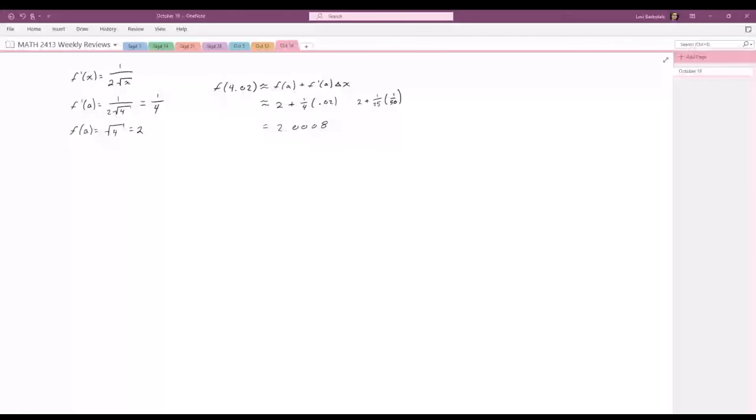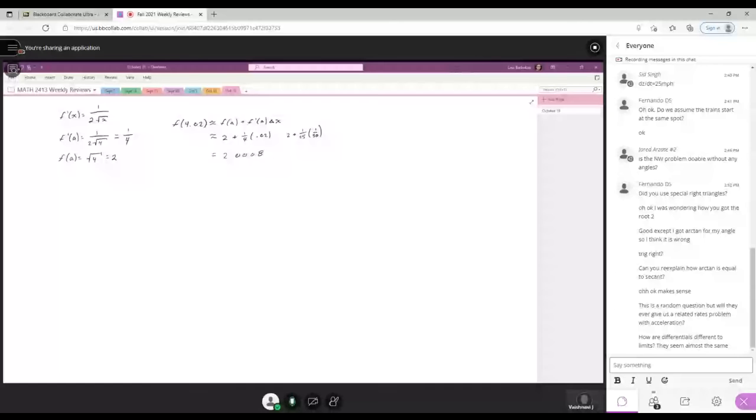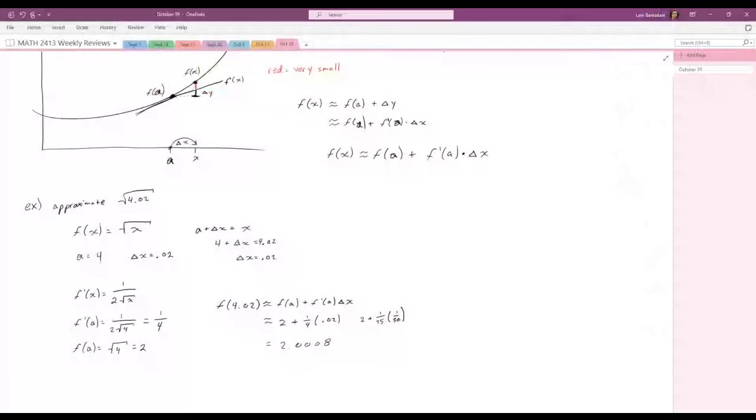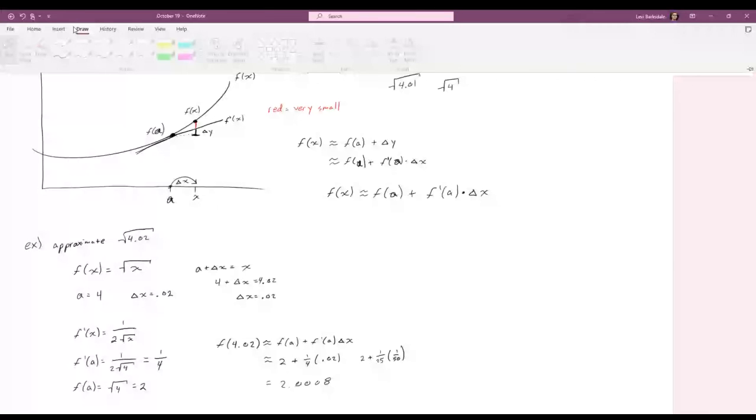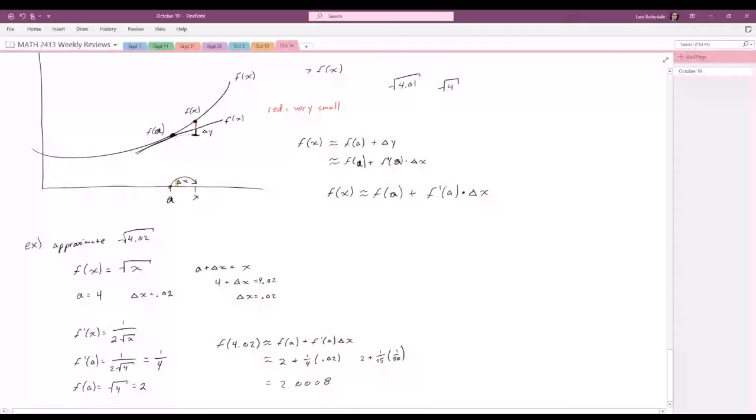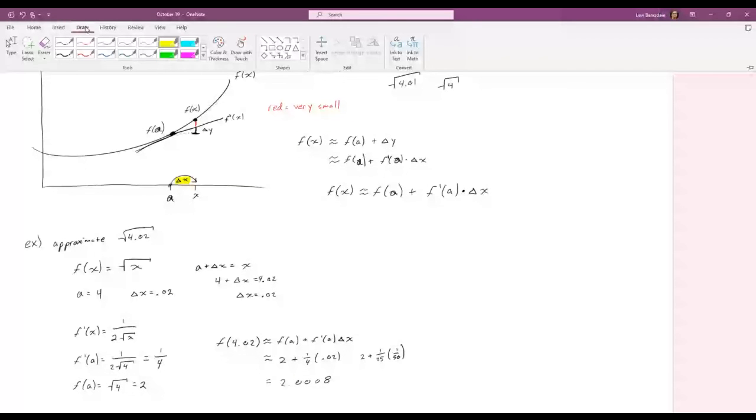How are differentials different from limits? They seem the same. Differentials differ from limits in that with limits, we are shrinking this value of delta x. So that's actually a really good question. With limits, we're saying what happens as delta x goes to 0.